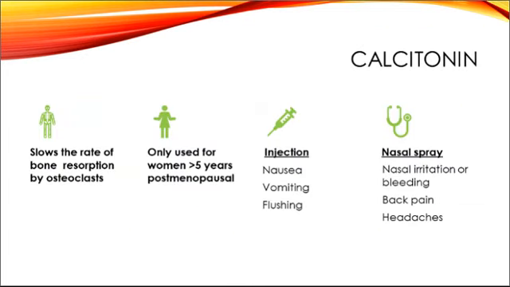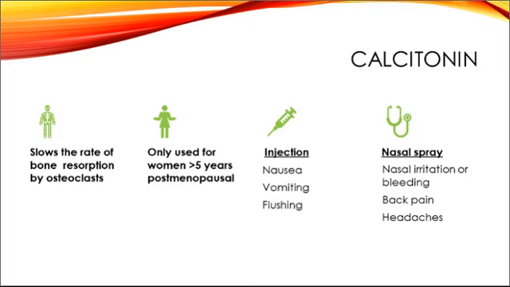Calcitonin is another treatment for osteoporosis. Calcitonin is a synthetic hormone that is naturally produced in your thyroid. You can read about it in your drug handbook on page 184.